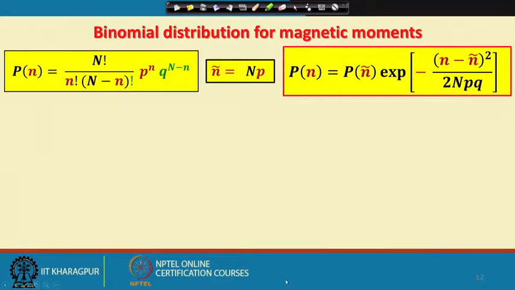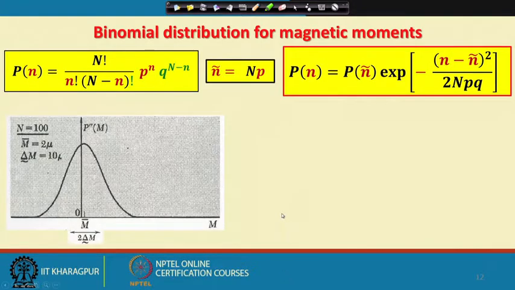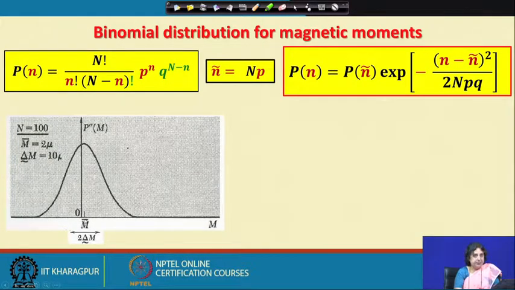Now, for N equal to 100, I saw that the values of capital M, or equivalently small m, were nearly continuously changing. Therefore, the distribution function could be represented like this with a maximum around m bar.